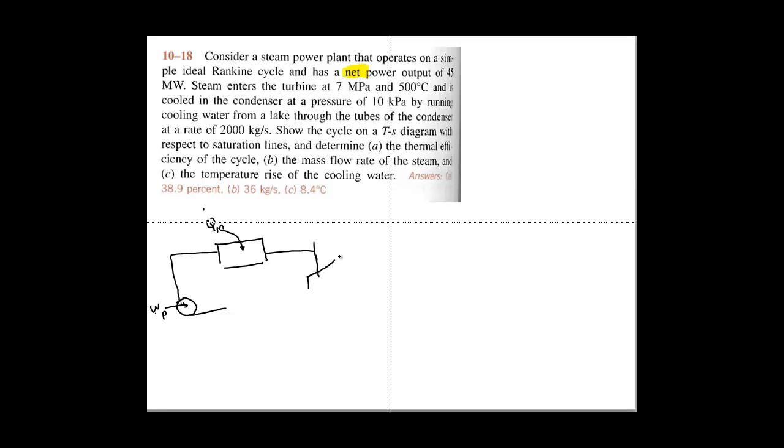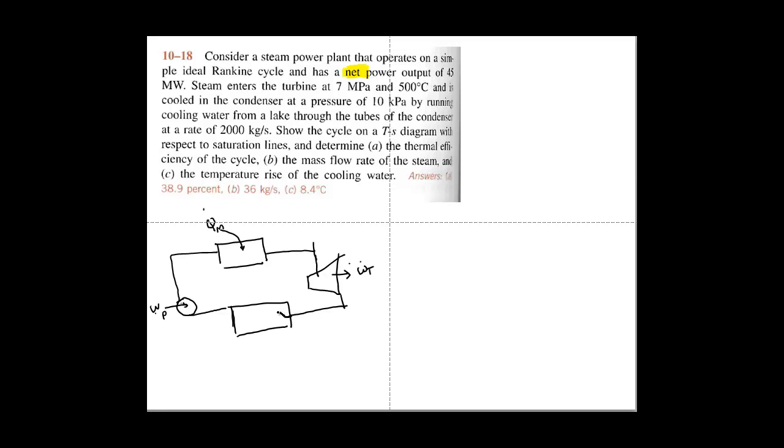We draw the pump, the boiler. Now we're doing the turbine, indicating the power input of the pump, the heat rate input, the power output of the turbine, and then finally the condenser.